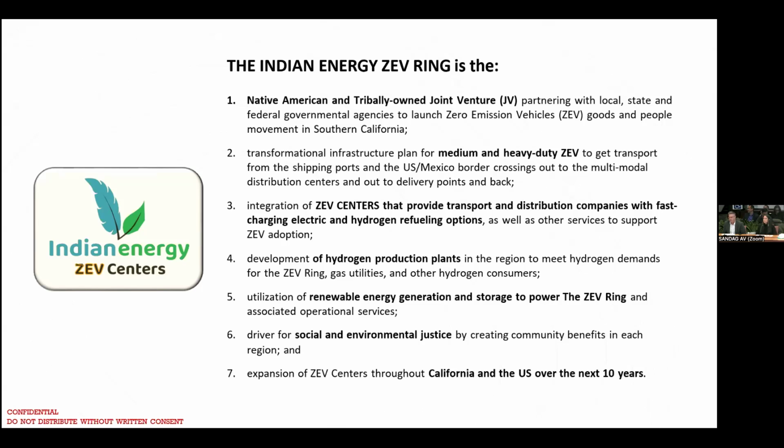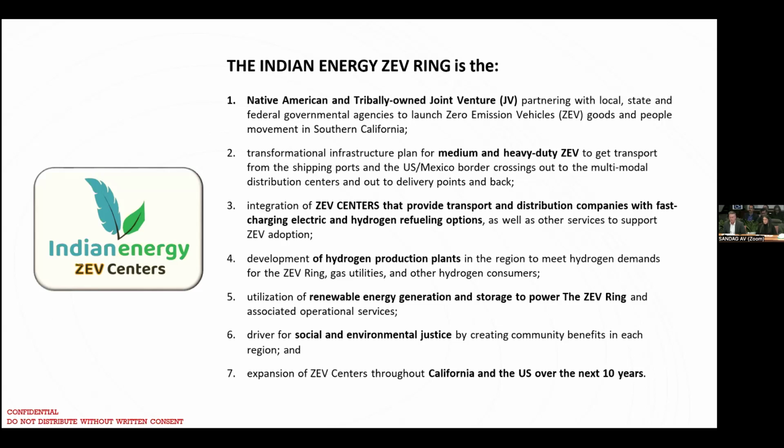The ZEV rings will also provide hydrogen production as well as distribution throughout the entire network. The system will be primarily served through renewable energy generation and storage, coupled with utility power to power the ring and be able to provide the power that's needed to charge the vehicles.